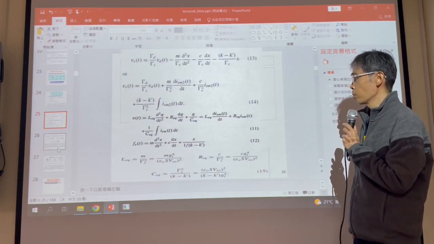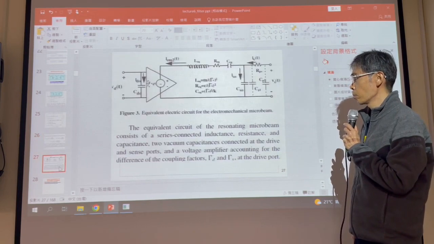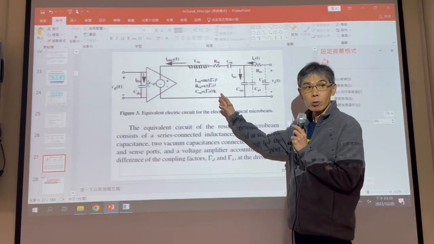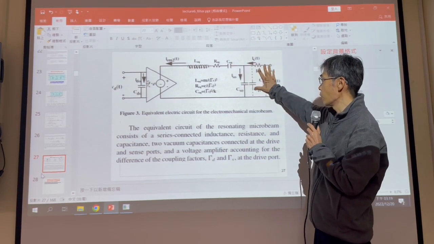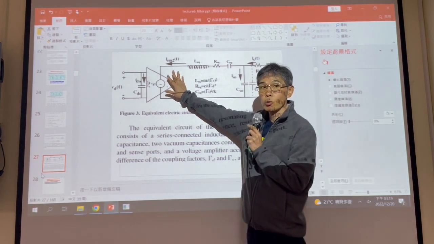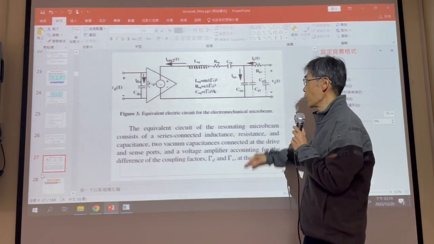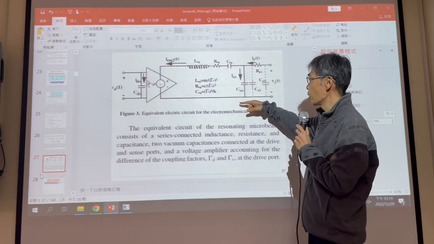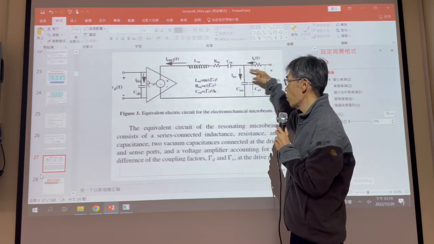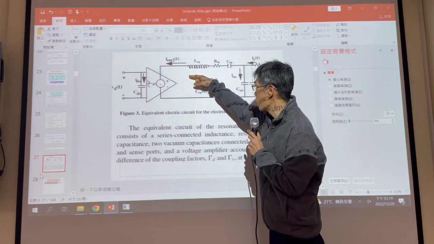We want to simplify to this one. See, now there's no transformer. So in this circuit, we assume IEM2 flows through this circuit.